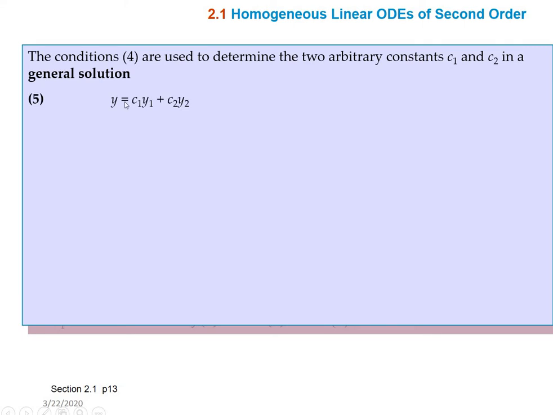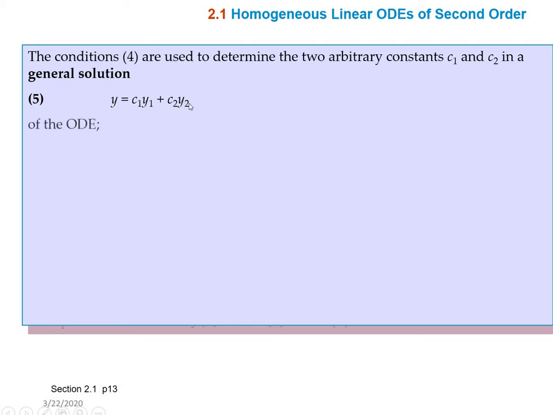So this is the general solution that we get. And I should point out that for a homogeneous second order ODE, I should have two solutions, y1 and y2, and this is the linear combination of the two. This is what we call the general solution: the first constant times the first solution, plus the second constant times the second solution.